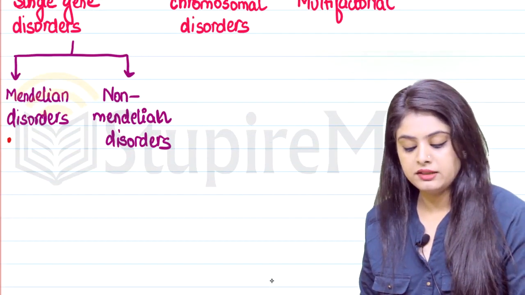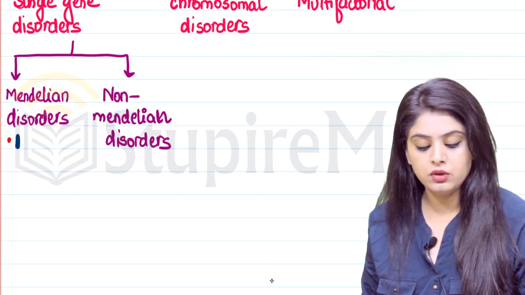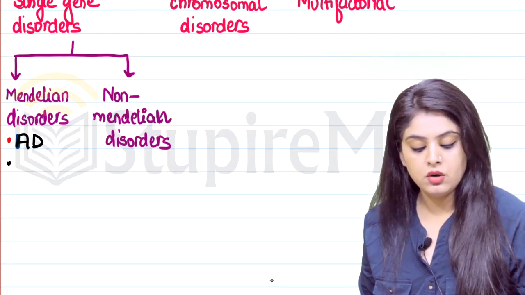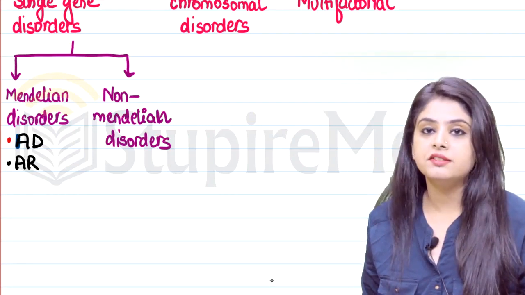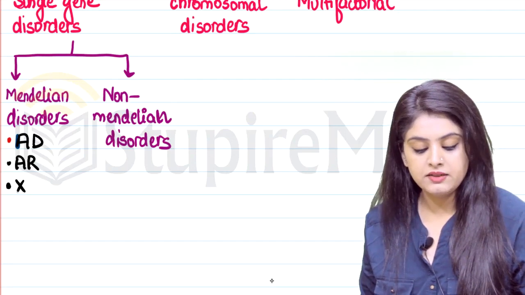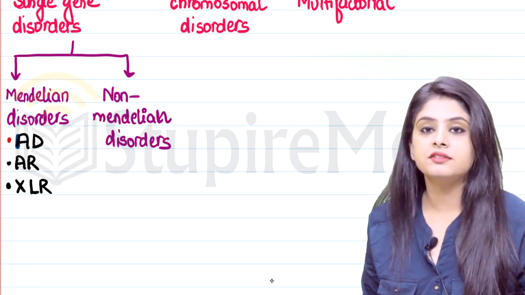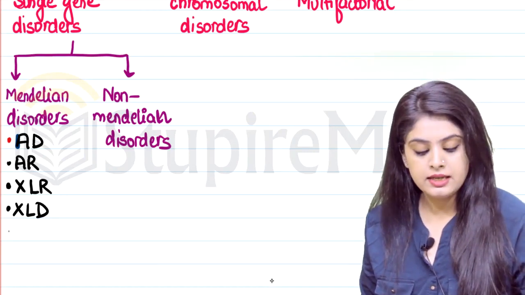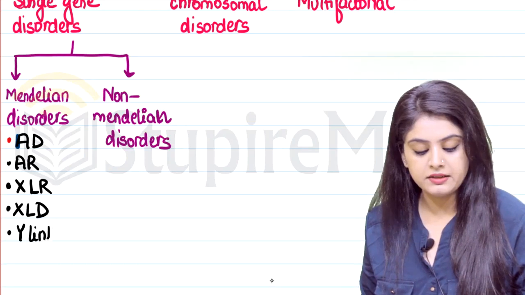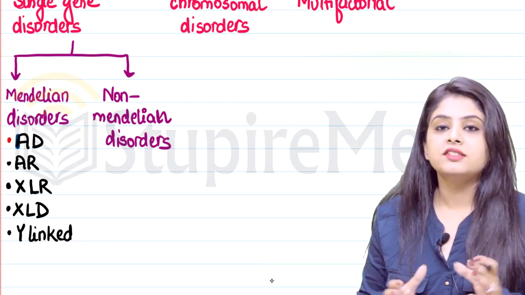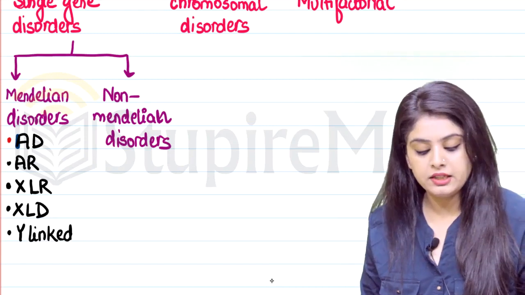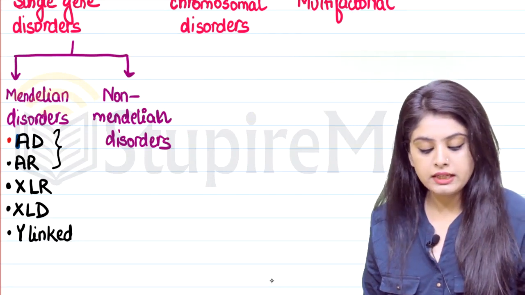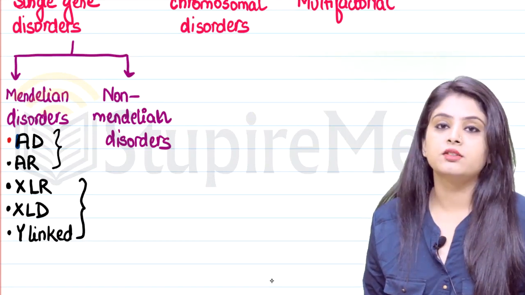Mendelian disorders are the ones that all of us know. These include autosomal dominant, autosomal recessive. Similarly, we have X-linked recessive, X-linked dominant, and lastly, Y-linked. So we can say either the disorders can be related to the autosomes, autosomal chromosomes, or it can be related to the sex chromosomes.